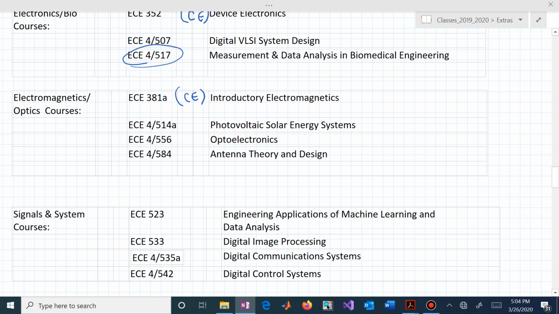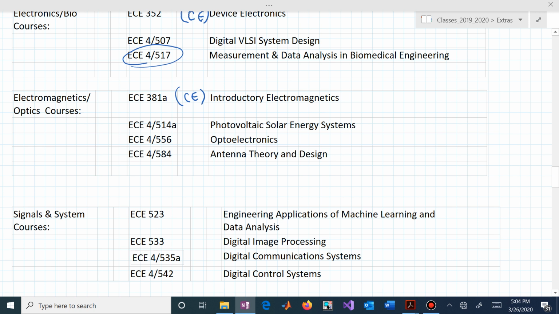In the electromagnetics area, again, if you're a computer engineering track student or option student, you can take 381A as a technical elective. If you want to better understand what's going on in solar energy systems and photovoltaic systems, 414A is a class to be taking.